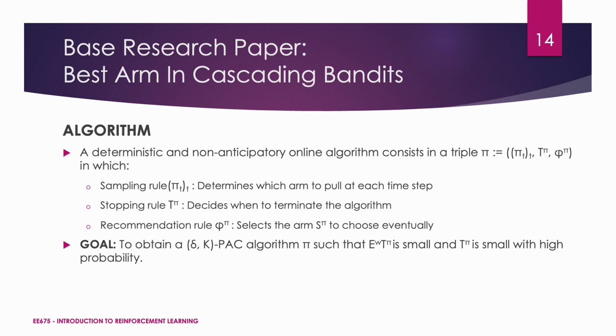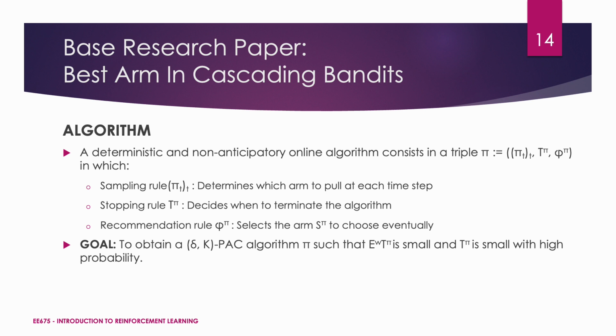Then, the paper explained the components of the algorithm in the Cascade BAI framework. The algorithm takes three input parameters for our analysis. First is the sampling rule. The sampling rule is responsible for determining which arm to pull at each time step. It takes into account previous observations and algorithm-specific criteria to make informed decisions.